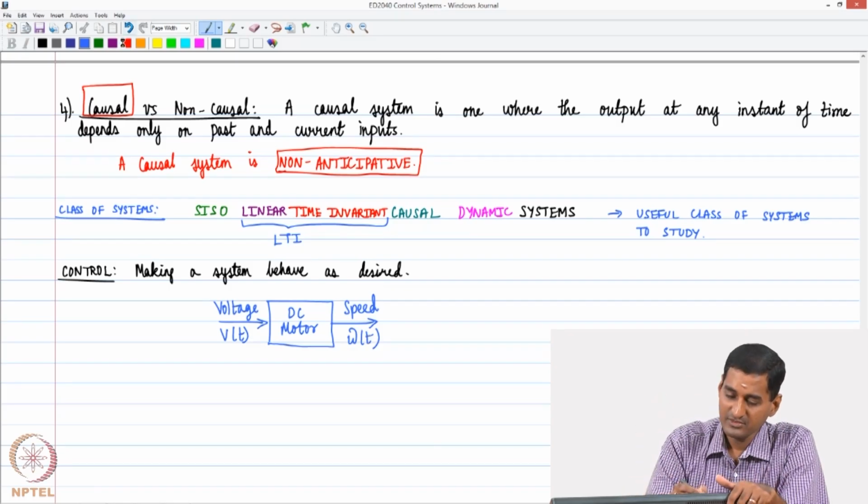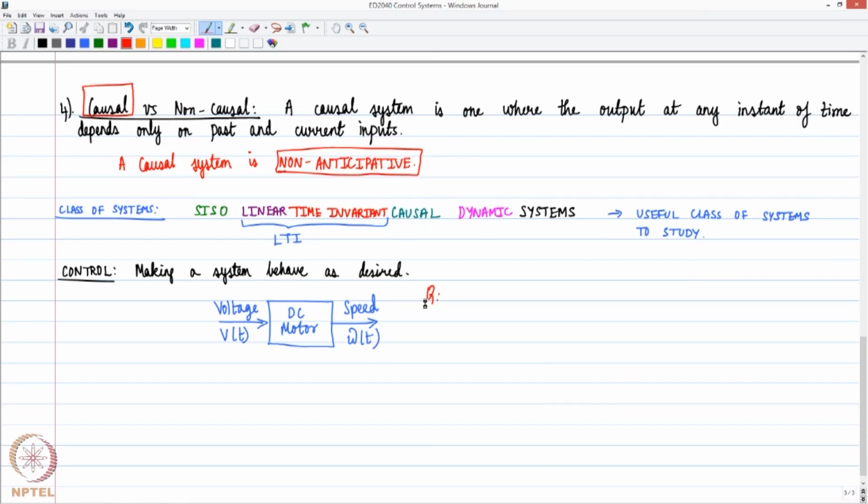If we wish to achieve an omega desired, a desired angular speed for the DC motor, what is the input voltage that should be provided? That is the question we ask ourselves when we want to control the system.